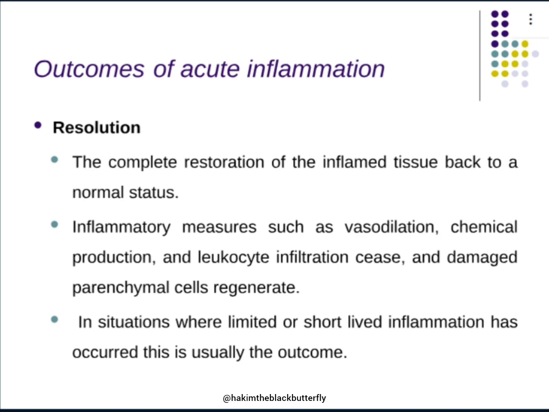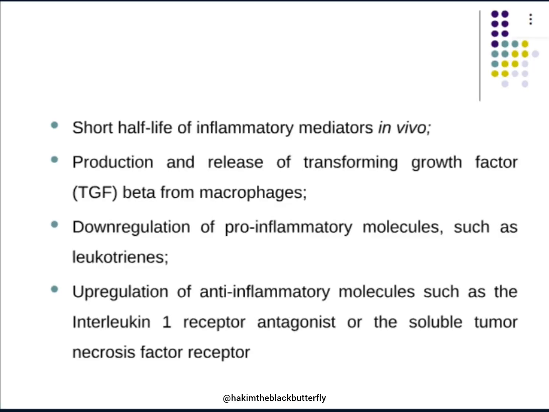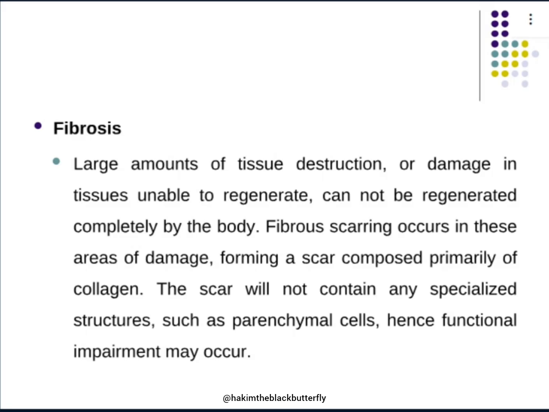Say, for example, can any of you trace where a bee stung you many years ago? That's complete resolution. You'll pass through all that process we talked about, you'll have the cardinal features, but there will be no traceable scar. That's one way. Number two, you can get fibrosis. That area can be fibrosed, you can get a scar.